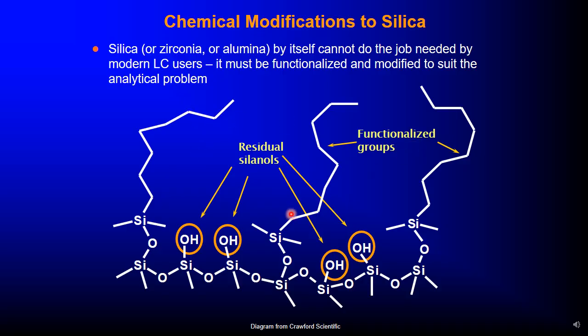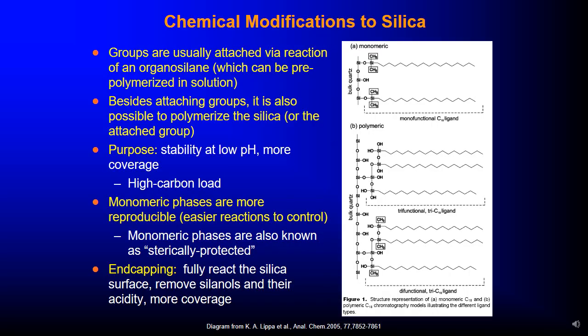That is how we are modifying it. So that is generally the silica that is used as a stationary phase. With chemical modification of silica, you can see what is happening there. This is like a C18 or something. So that is how it's done.